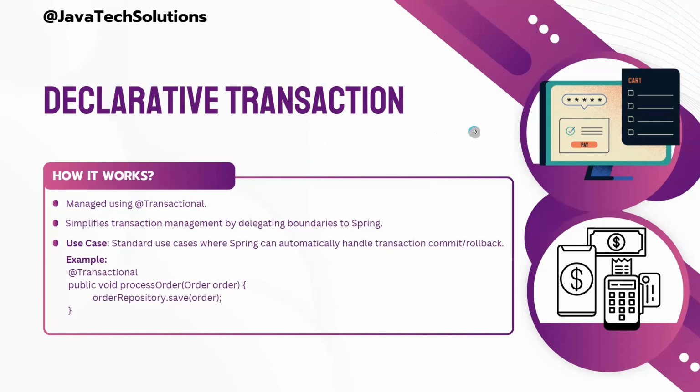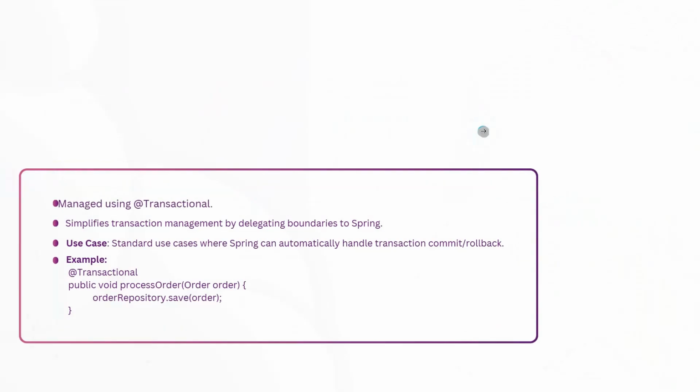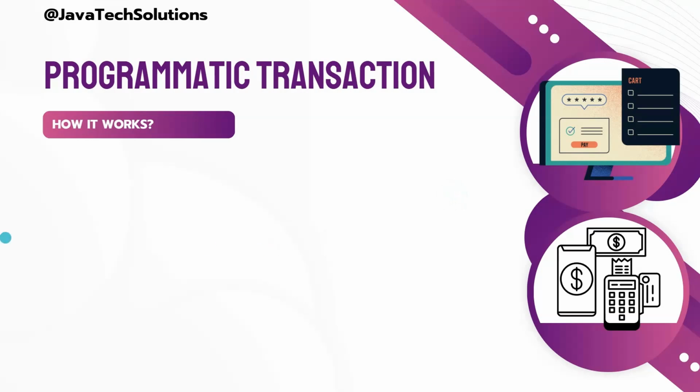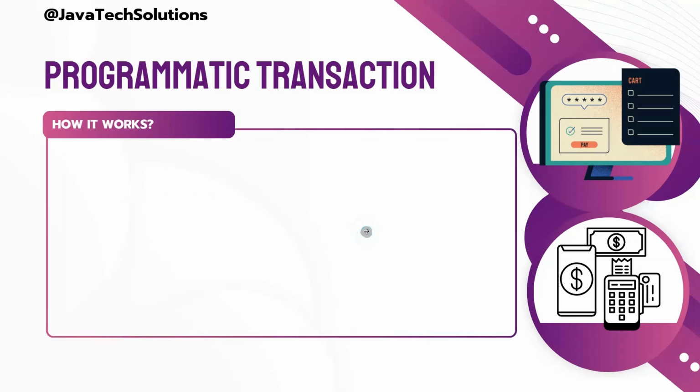Next, we will talk about the other type of transaction, that is programmatic transaction management. Now we will talk about how it works. Programmatic transaction management is a way of managing transactions in an application by explicitly coding the transaction boundaries, like when to start the transaction, when to commit the transaction, or roll back a transaction.